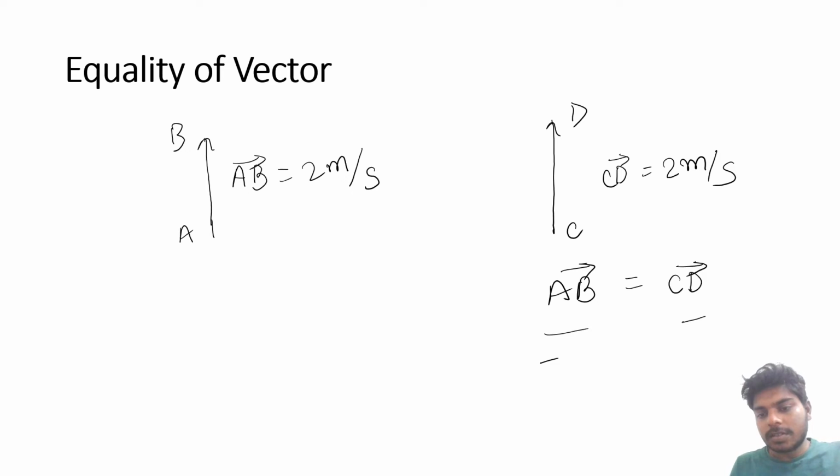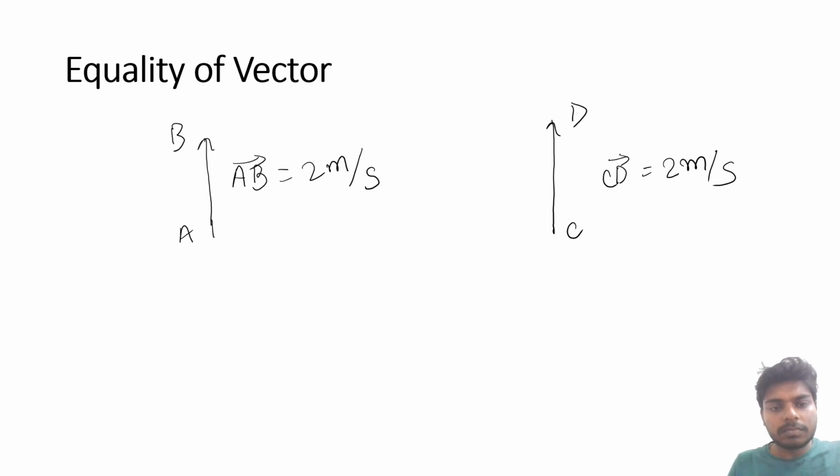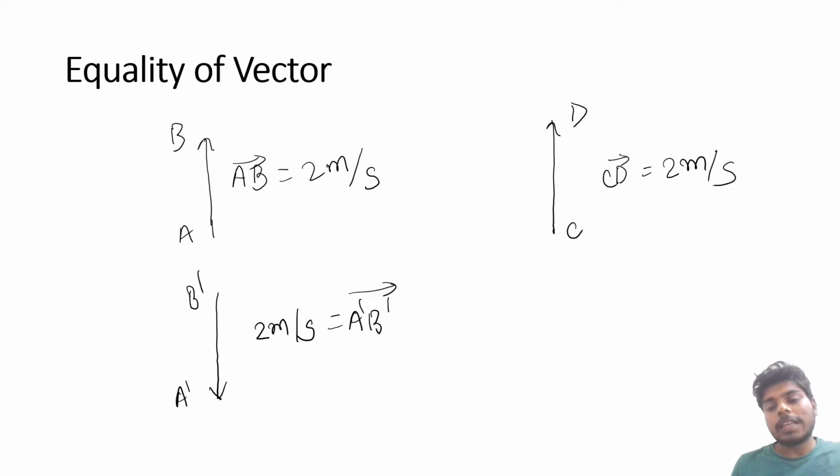Okay, let's check another example. Let me rub this, then we will see another example. These two are equal, AB and CD. Let's say we have again A'B' and magnitude is the same, 2 meter per second. A'B' vector and CD vector are not equal because the direction is different.